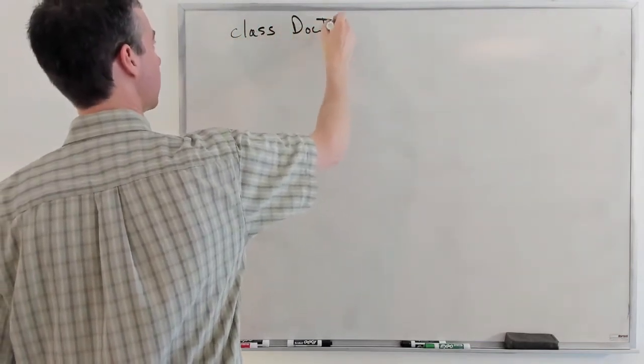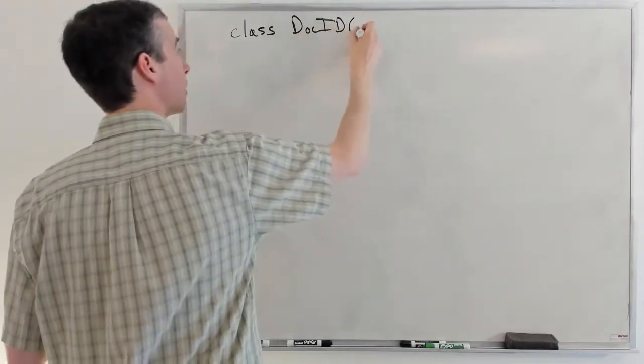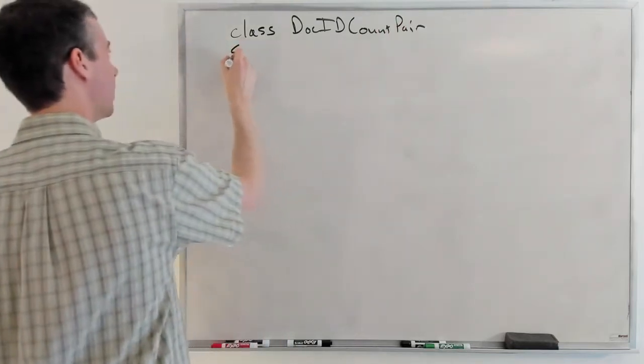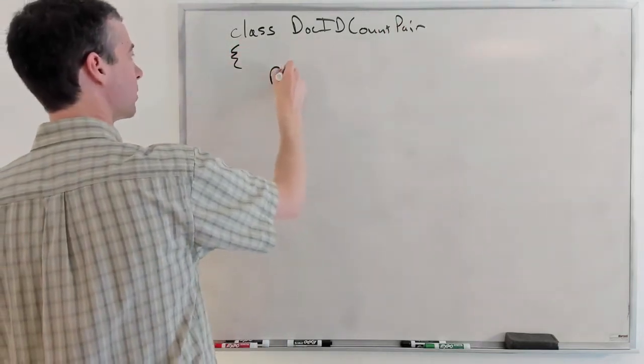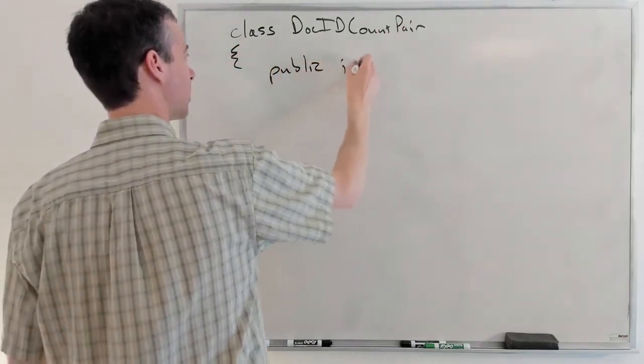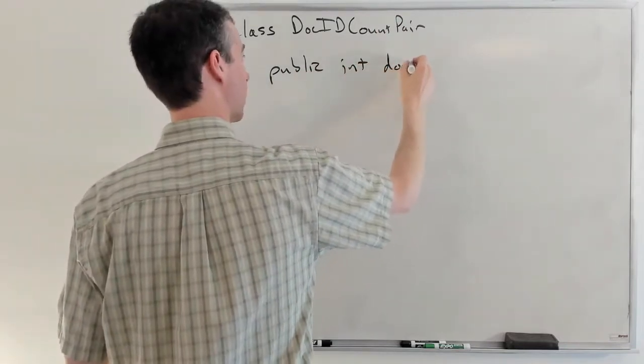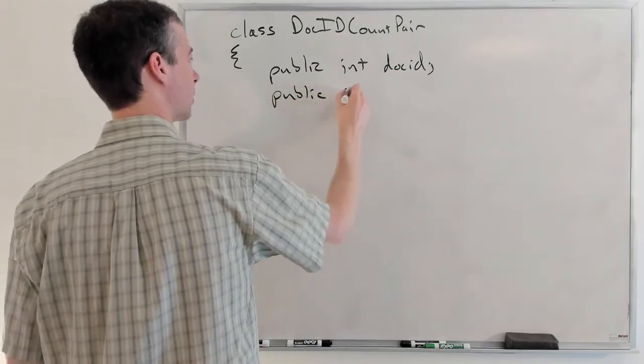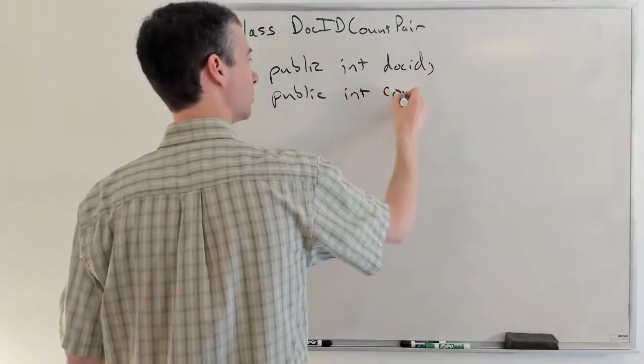So they make a doc ID count pair, with a public integer doc ID and a public integer count.